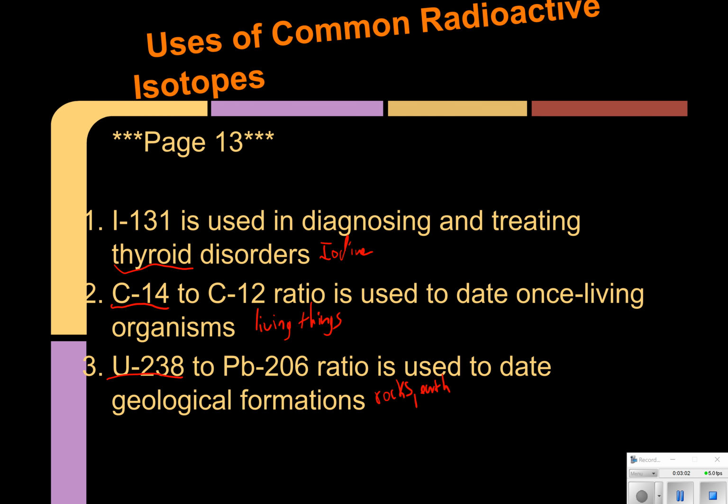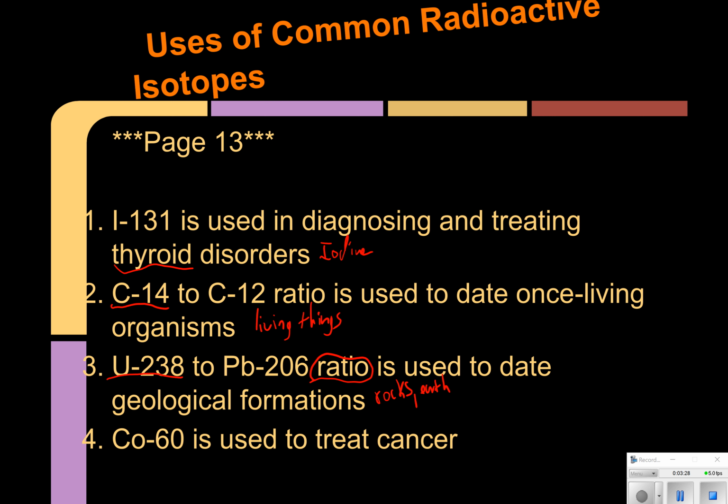These ratios, uranium to lead or carbon-14 to carbon-12, help us determine how old a particular sample is, because we know through experimentation how long it takes for these radioactive isotopes to break down. And we'll get to that in more detail in a moment.